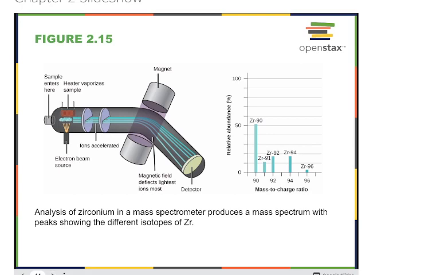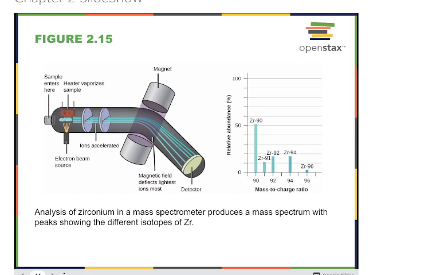We see that there are different isotopes of zirconium. We can see that it has zirconium-90, zirconium-91, Zr-92, 94, 96. What you would do is take the percent abundance of each of these. So of our Zr-90, we would take 90, and then it's about 50%.